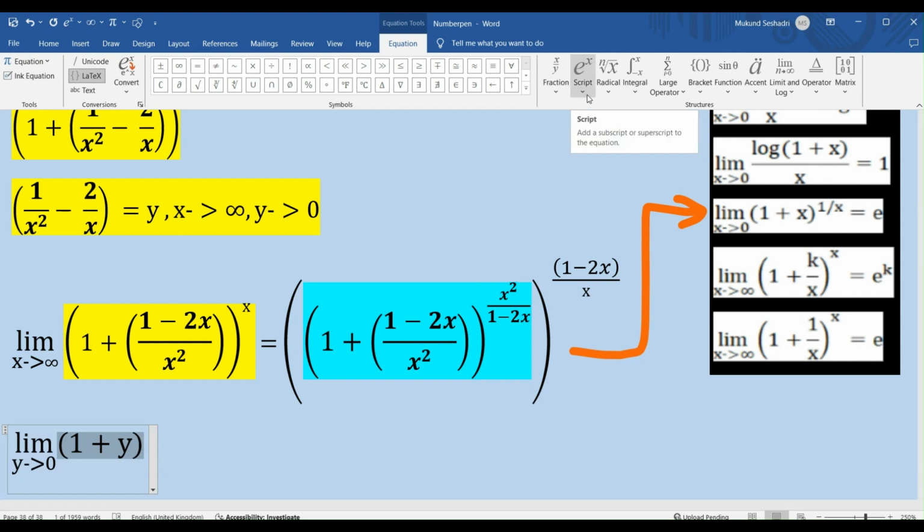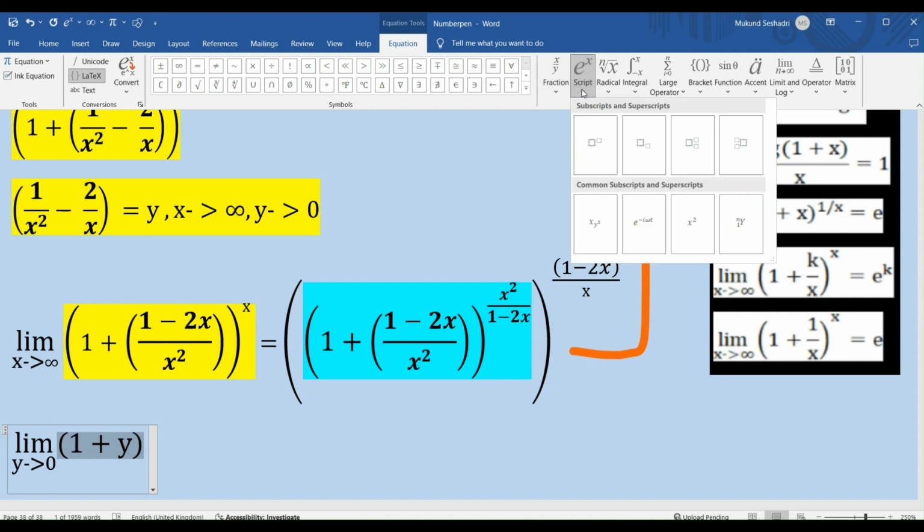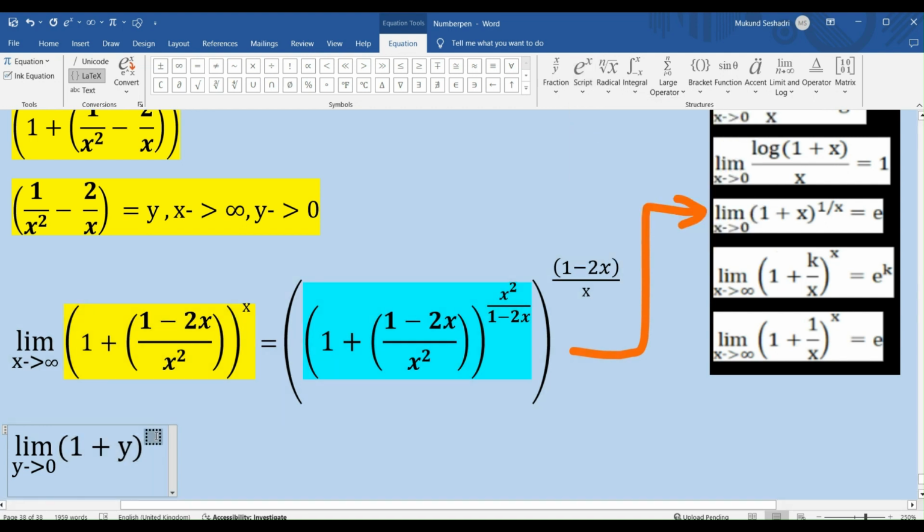And remember, we still have an expression raised to the power of 1 by y, so let's not forget that.